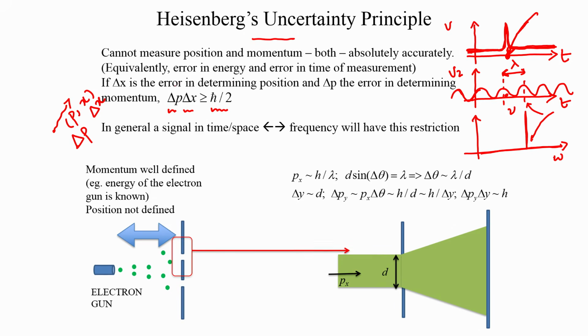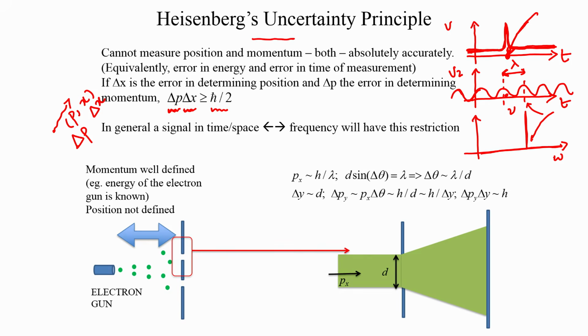And what this inequality says is that one cannot estimate the position of an electron and the momentum of an electron to an accuracy wherein the product of the errors lies below h bar by 2.